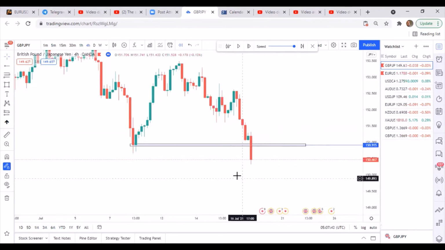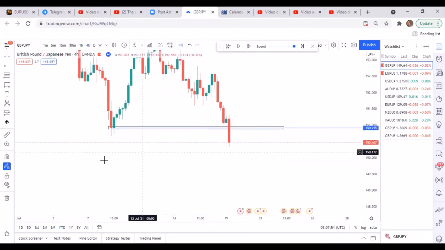If I'm looking to enter this trade on the 4-hour time frame, let me show you something. Once price closes below this on the 4-hour, there's a high chance for it to continue bearish. My target was around this psychological level.